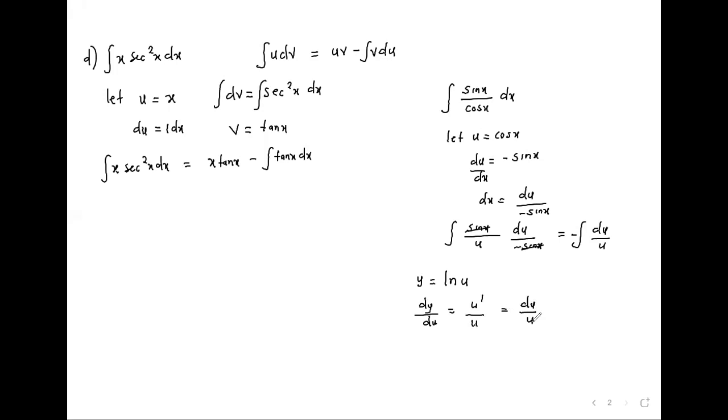So that to integrate du over u, you must get back the question which is ln u. So the integral of this is going to be ln u, the negative is outside. But remember that u is cos x, so we're dealing with ln cos x plus a c, like that.